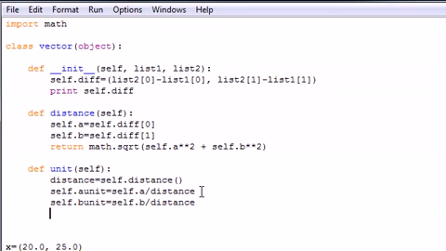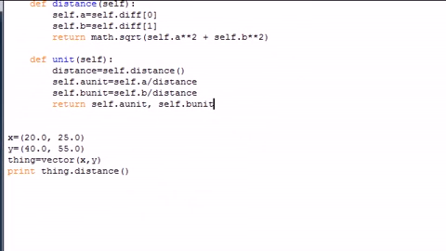And now all we need to do is return something, because every function needs to return something or else it's useless, unless it prints something out, but that's another story for another day. So return self A unit and self B unit, make sure I spell it right. Looks good.